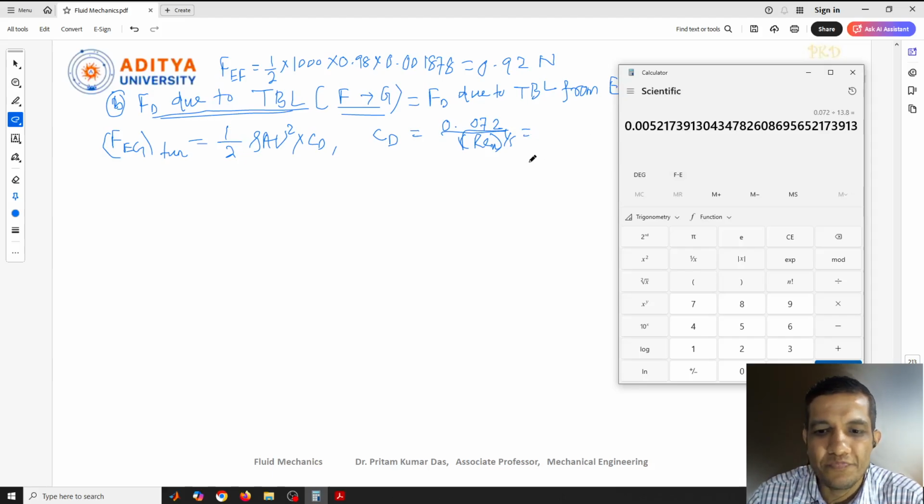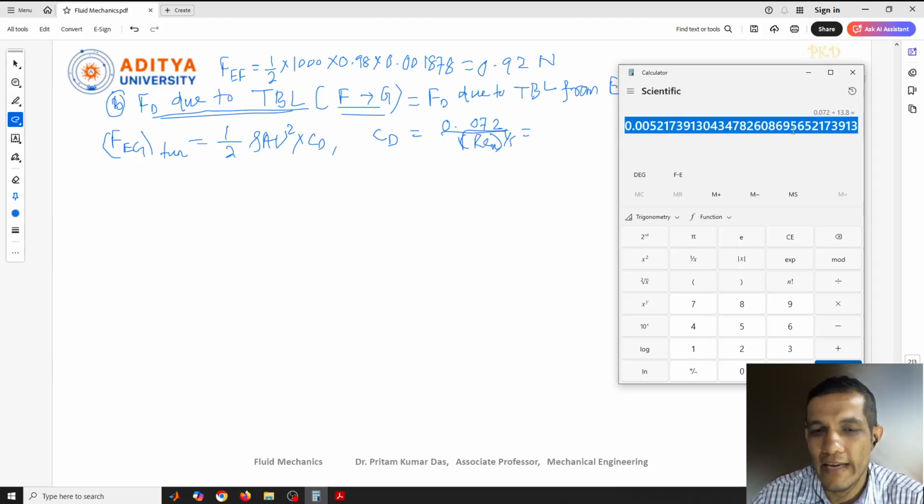Now here, the Reynolds number we cannot take as the previous Reynolds value, because the Reynolds number 5 into 10 to the power 5 that is given is for the laminar boundary layer. But for the turbulent boundary layer we need to calculate the Reynolds number again. So this value cannot be taken for this one.